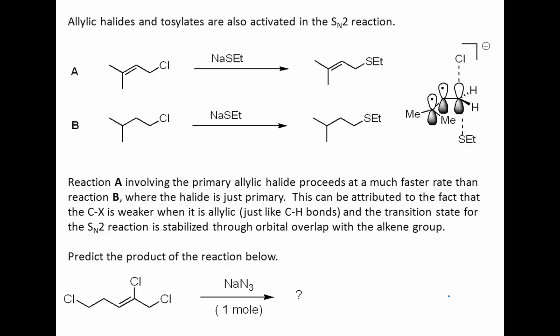and that's that allylic systems also activate the Sn2 reaction as well. What we would find if we compared the relative rates of reactions A and B here, is that reaction A is much faster than reaction B. Okay, so allylic halides are activated for the Sn2 reaction relative to the analogous halides without this allylic activation.